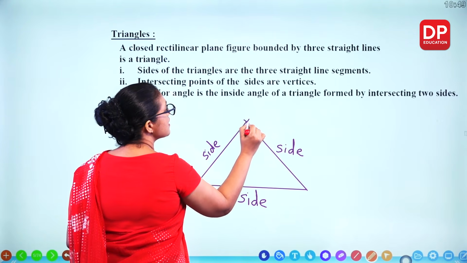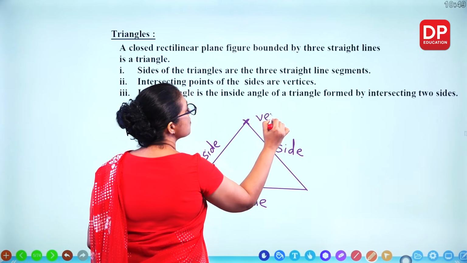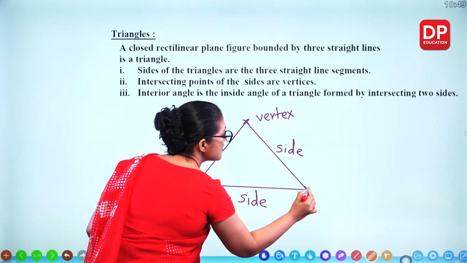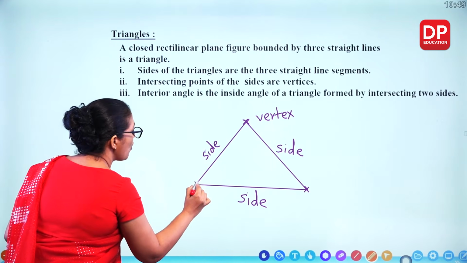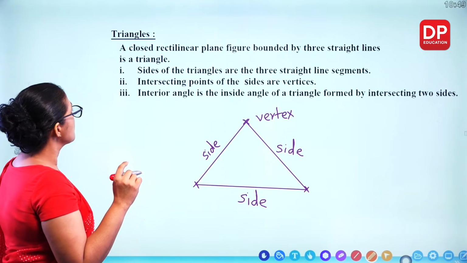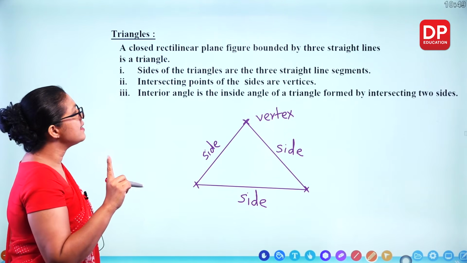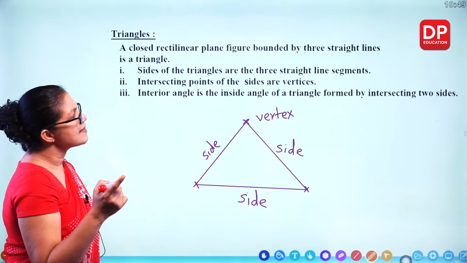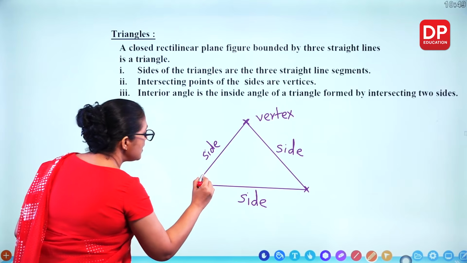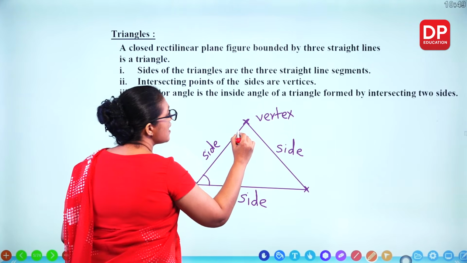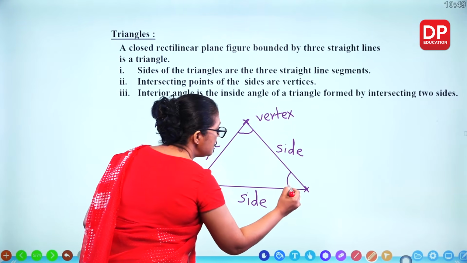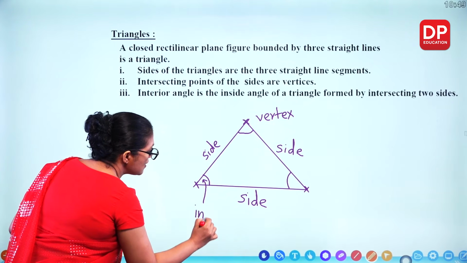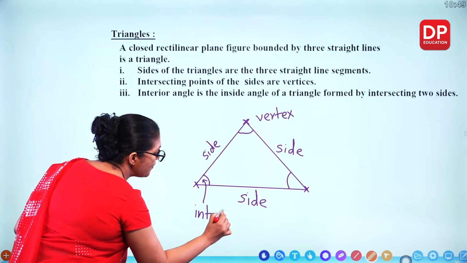Intersecting points of the sides are vertices. So this is one vertex point. Vertex, the plural is called vertices. So this is another vertex point. This is another vertex point. Interior angle is the inside angle of a triangle formed by intersecting 2 sides. So these are inside angles, we call interior angles because those are inside.